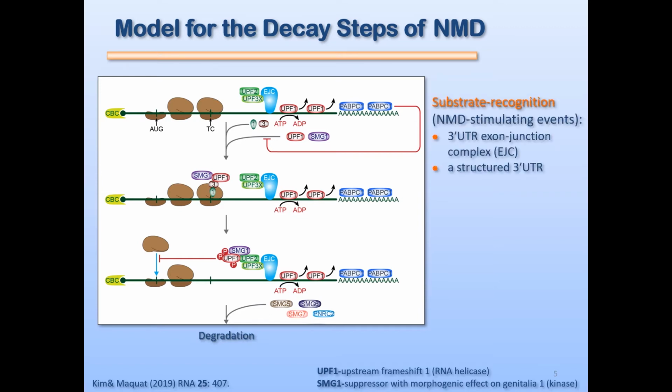So the recognition of substrate messenger RNAs that are to undergo nonsense-mediated decay is through the presence of this exon junction complex, which is not removed by the ribosome because the ribosomes have dissociated before due to the presence of the PTC.